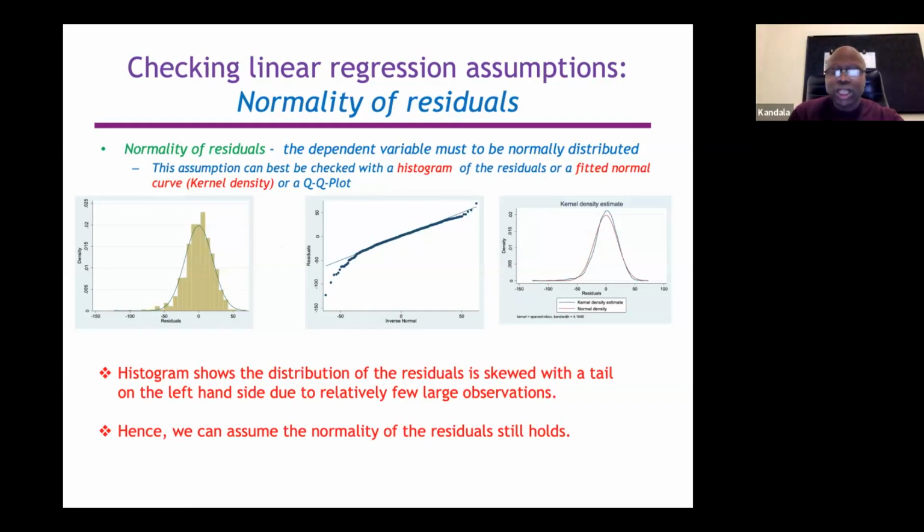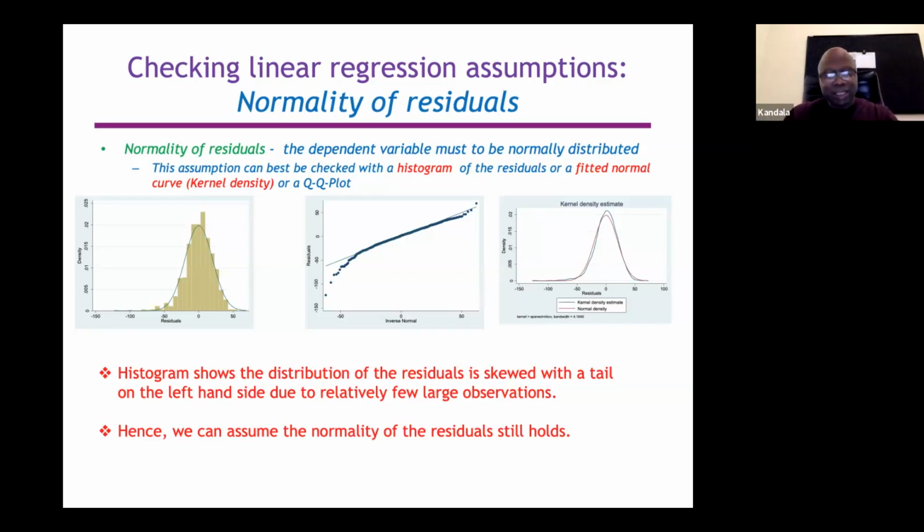But when checking the assumption, and we are dealing with residuals, then we can ignore them because they depart from the linearity line. As we can see, the majority of points are on the linear line, but it's just a few that depart from it.